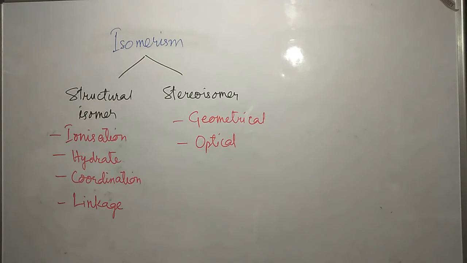Now moving on to the types of isomerism in coordination compounds, we have basically two types: structural isomers and stereoisomers. Structural isomers are those which have the same molecular formula but differ in structural arrangement, whereas stereoisomers have the same position of the atoms or groups of atoms but differ in the spatial arrangement around the central metal atom.